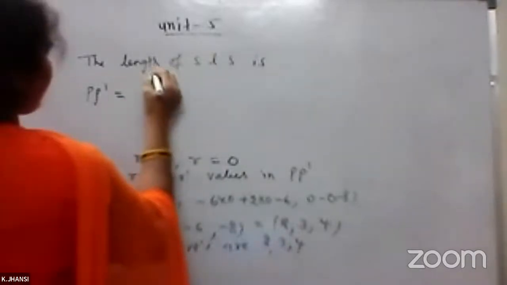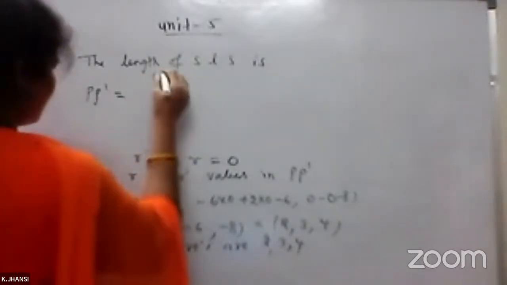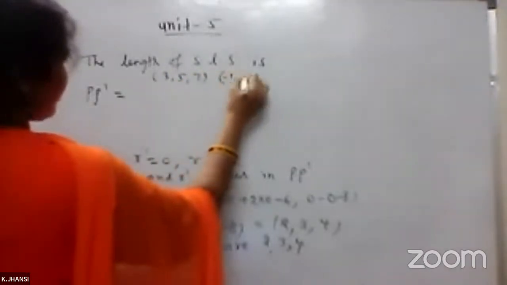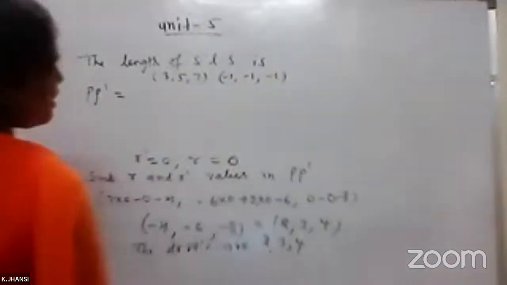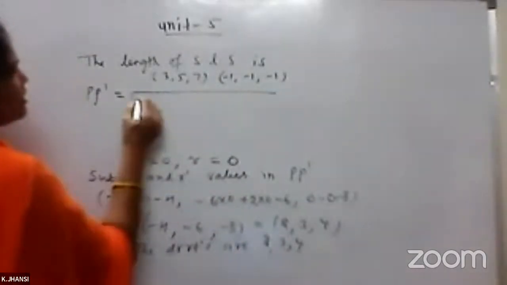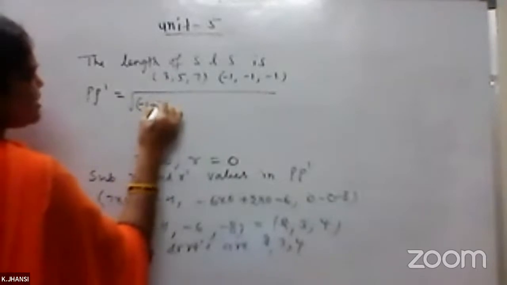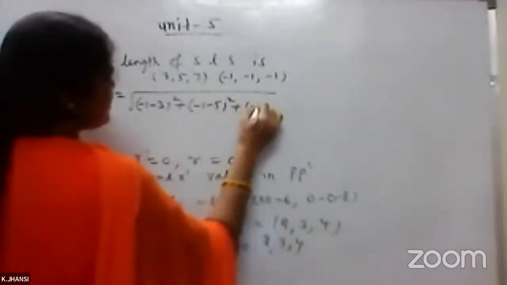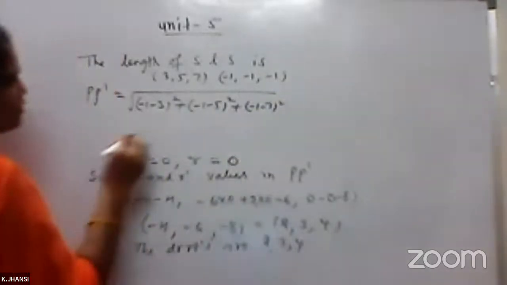So we have the points here: for the first line, 3, 5, 7, and for the second, -1, -1, -1. So it is the distance of (-1-3) whole square plus (-1-5) whole square plus (-1-7) whole square.